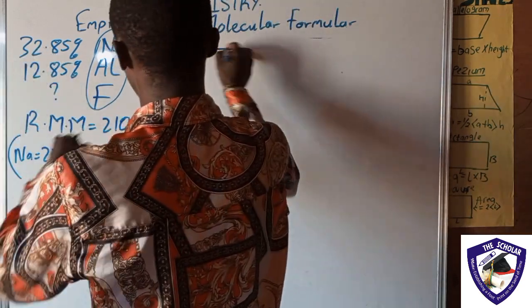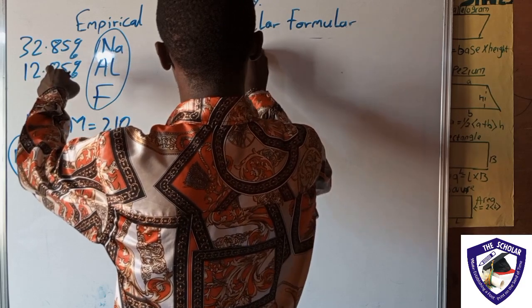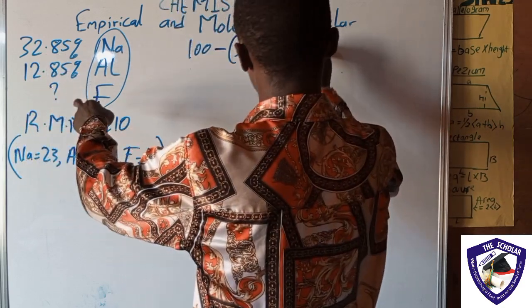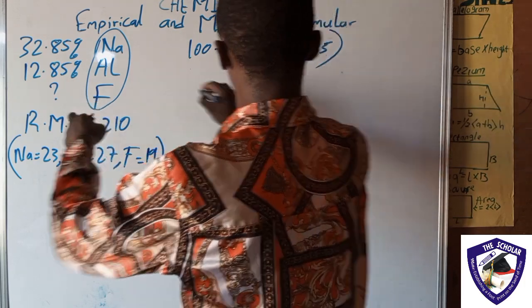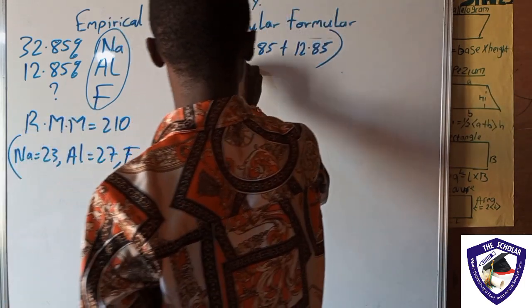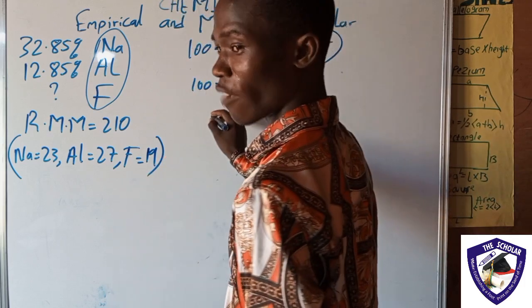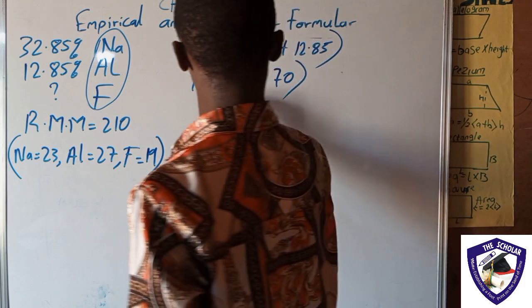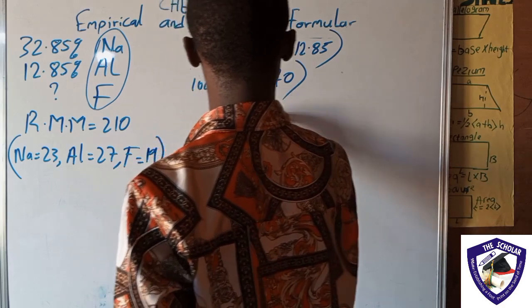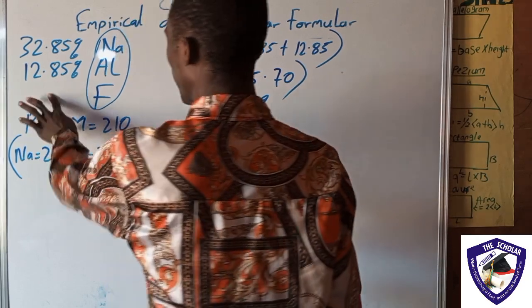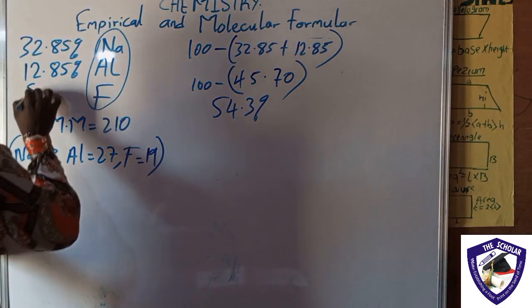We have 100 minus 32.85 plus 12.85. So we have 100 minus 45.70, which is 54.3%. So our fluorine contains 54.3%.